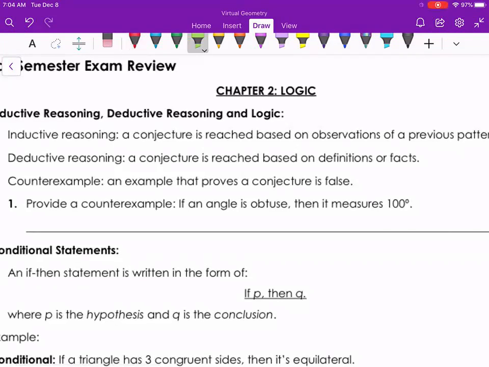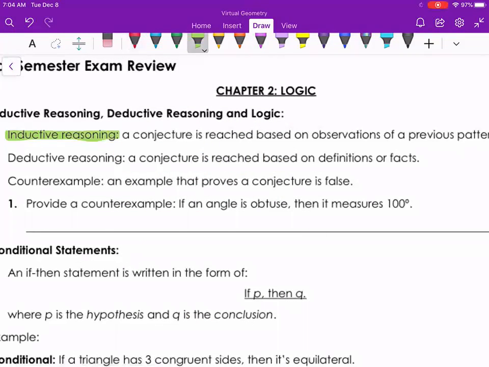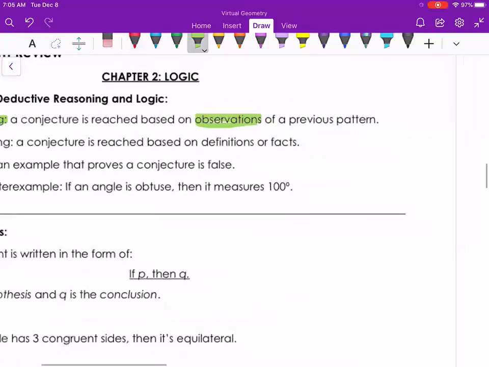So the first one we have is inductive reasoning. Inductive reasoning is conjecture that is reached based on observations of patterns. So are you adding the same thing each time in this pattern, or maybe are you multiplying by the same number for each pattern?